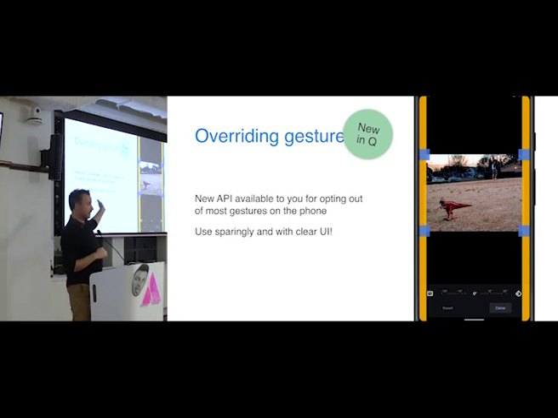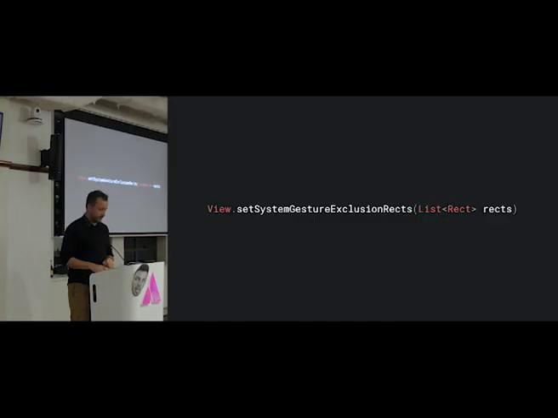So those four blue squares are now not going to respond to the back gesture. They're going to respond to the drag handle on your image view. You can say, look, these four corners don't count as back if you swipe here. Again, use it sparingly and where it's appropriate.